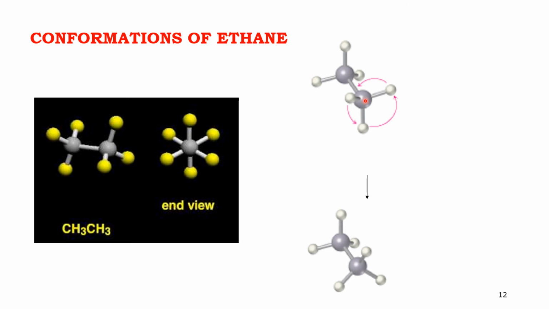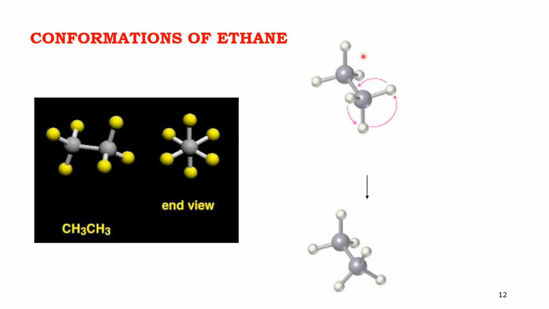That means for the ethane molecule, an infinite number of conformations are possible, because this carbon-carbon rotation occurs around 360 degrees. As a result, this hydrogen atom could be placed at infinite angles compared to the hydrogen atoms of the back carbon atom.